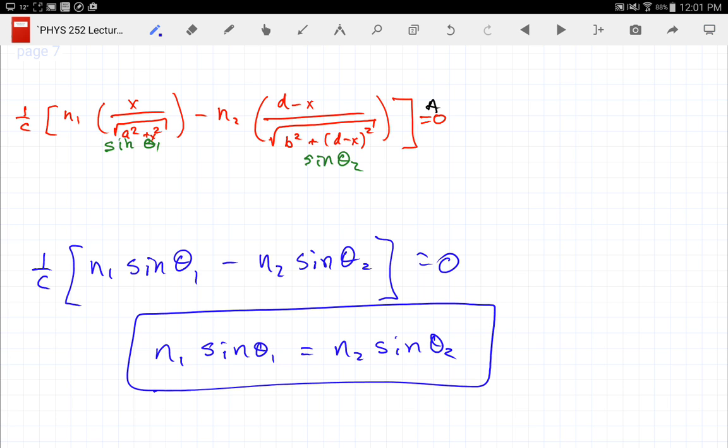It's actually showing that Fermat was correct in positing that light takes the path of least time to go from point A to point B. So you might ask yourself, what was the point of all of this? Well, the point is for us to understand a little bit about this variational method as applied in the brachistochrone problem and how that variational method and Fermat's principle predicts Snell's law.